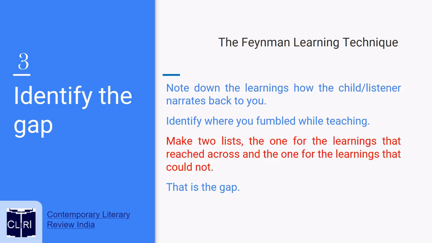3. Identify the gap. Once you have narrated the entire information to your listener, ask the listener to narrate back the same information to you. Identify where you fumbled while teaching. Make 2 lists, one for the learnings that reached across and one for the learnings that could not.